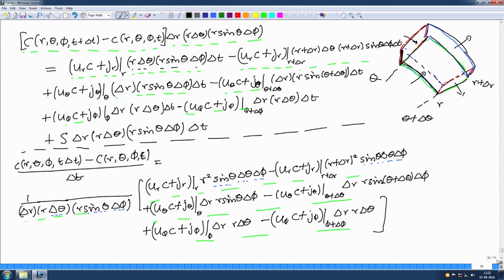The second term, I can cancel out delta r, since delta r does not change as theta has changed. And I can also cancel out this delta phi here. Then I have a factor of r here, and this r once again is not changing as theta changes. However, sin theta is changing. Therefore, I cannot just cancel out the sin theta terms here.